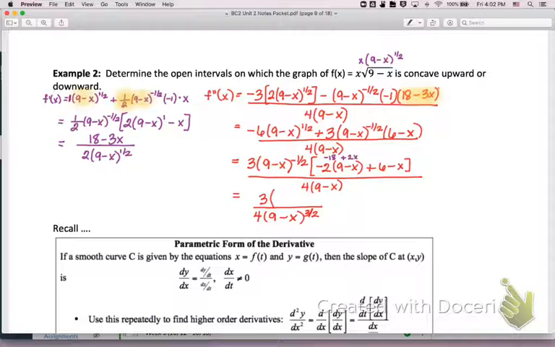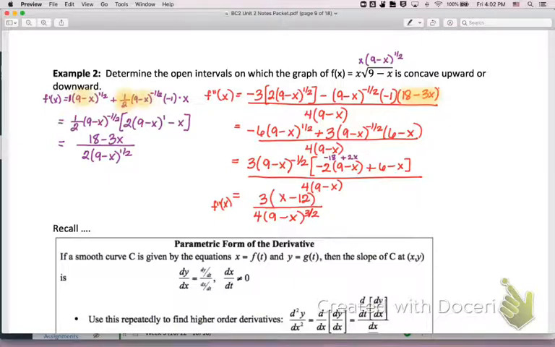So now I can combine those, and it looks like we get x minus 12. And so I believe that that is our second derivative, which, yuck, but we're done.